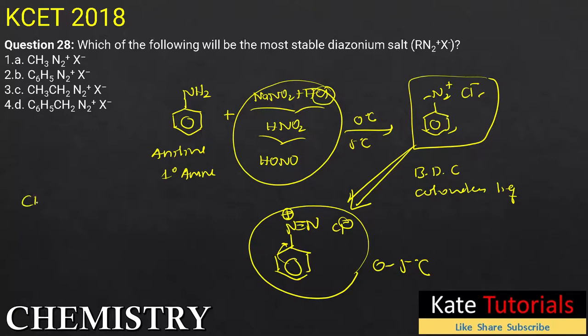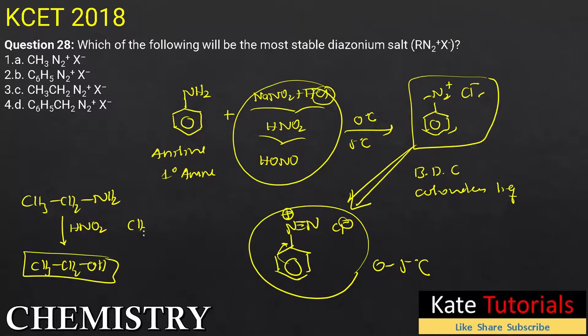If I have something like CH3CH2NH2, a primary amine, this is also ethanamine. To this, if I add HNO2, it will directly convert to CH3CH2OH. I'll get alcohol. I won't get this intermediate CH3CH2N2 plus Cl minus.